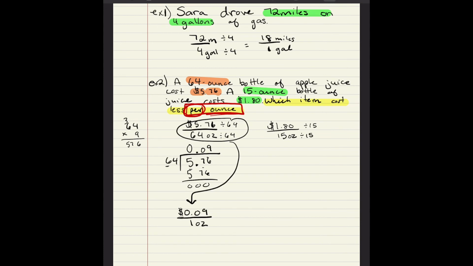So it's $0.09. Now for this one, we're doing $1.80 divided by 15. We bring our decimal up.